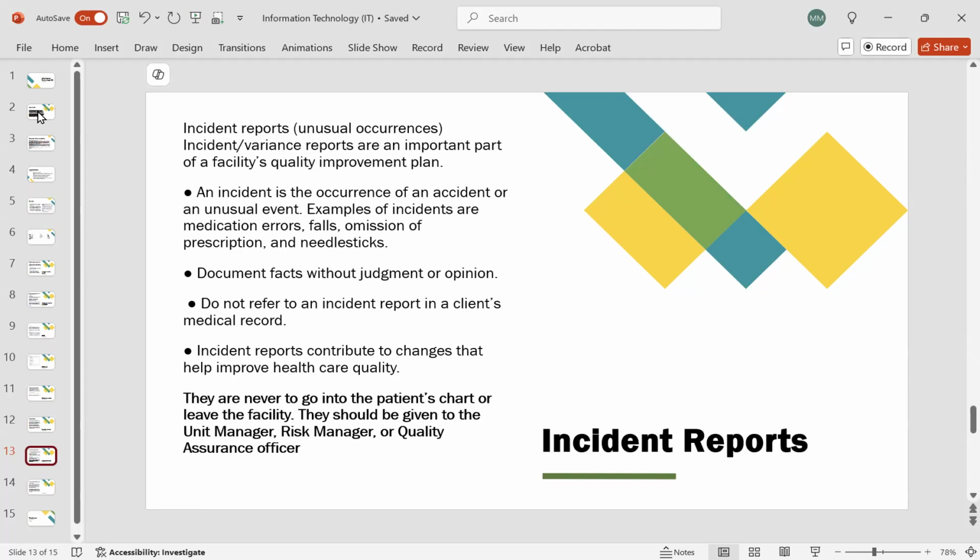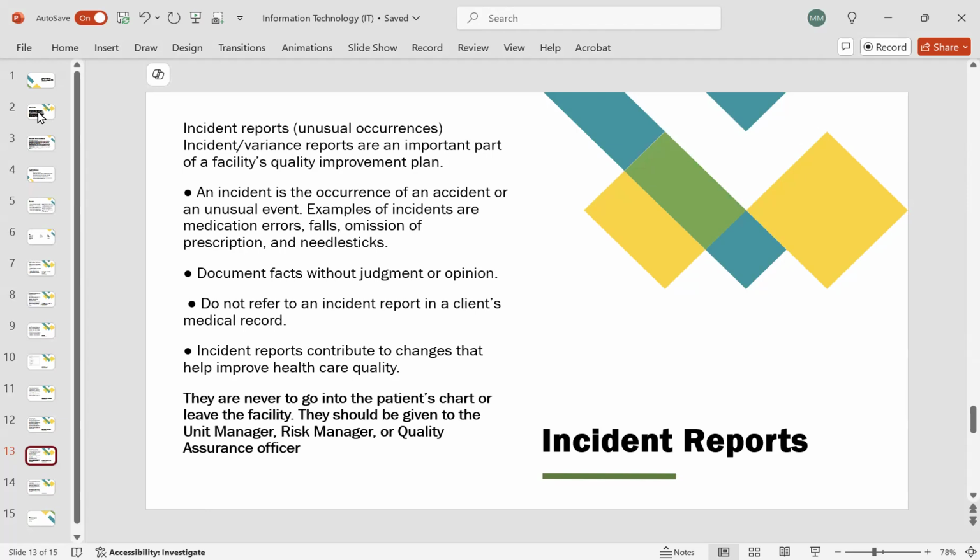Incident reports are internal documents. They do not leave the building. They don't go in the patient's chart. They don't get faxed to the doctor. Nobody gets to see the incident report except the person who wrote it, the management team, and usually it's risk management or the quality assurance department.